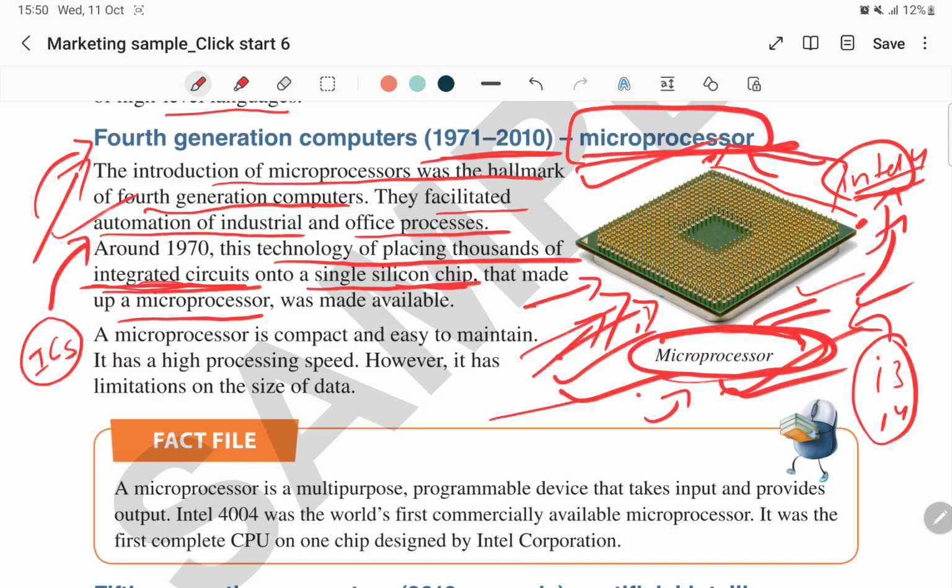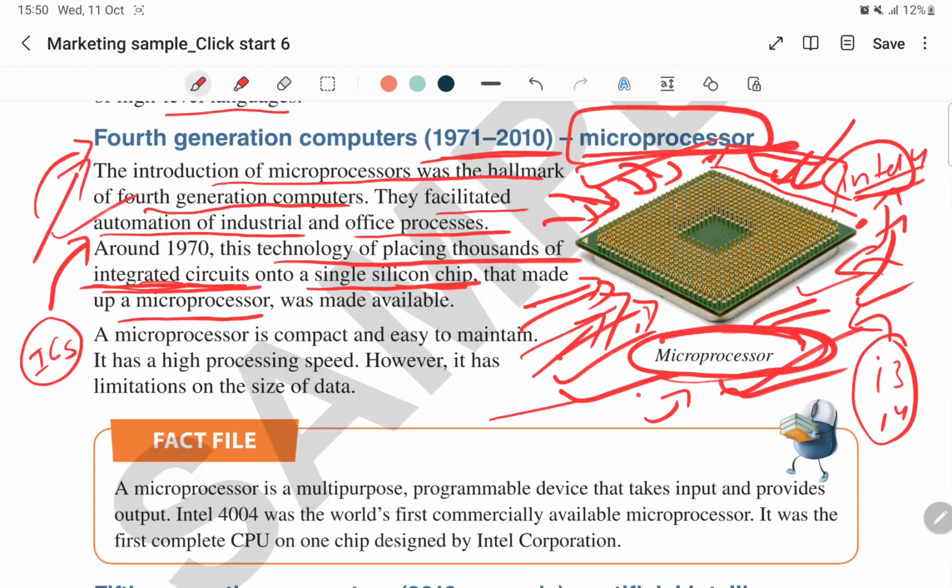On that green board, the single silicon chip, we have placed thousands of integrated circuits, which you can see here as yellow pins. These yellow pins are nothing but ICs, integrated circuits.